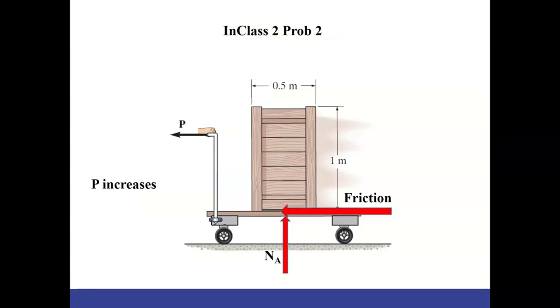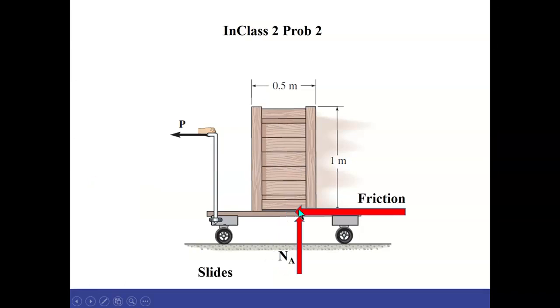Now when force P increases, I have drawn the two forces in this figure. One is the normal force which acts from the cart onto the crate, and the second one is the friction force which holds the crate on the cart while the cart moves. As long as this force P is less than a certain value, the line of action of the normal force acts through the width of the crate.